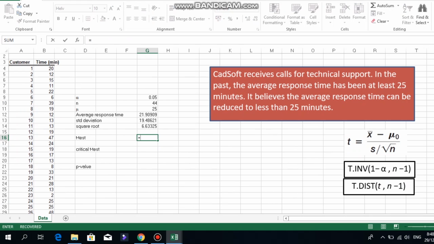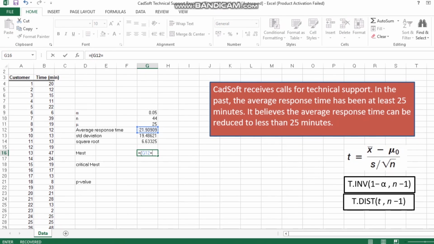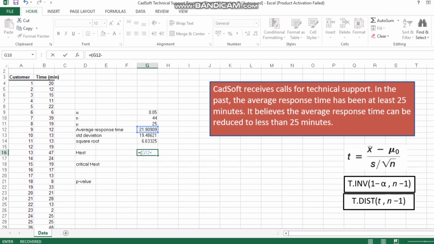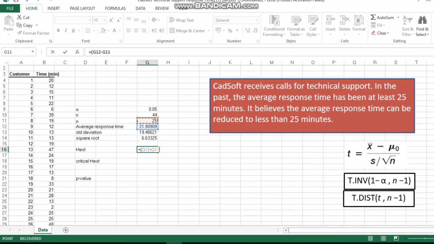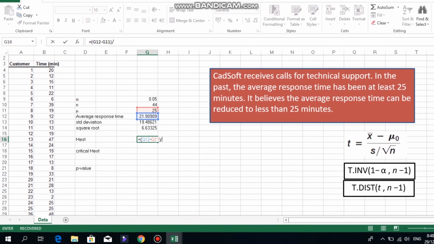We will use the t-test formula, so we will key it in manually. Open bracket, mean, which is our average, minus mu. Our mu is 25. Okay, 25. And then close bracket and then divide by the standard deviation.